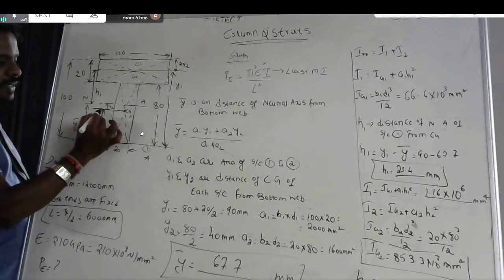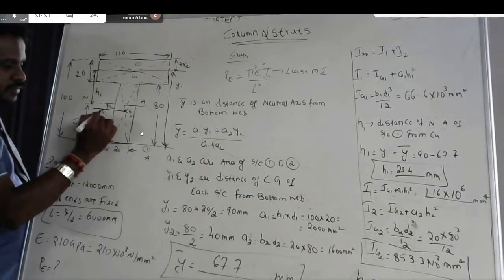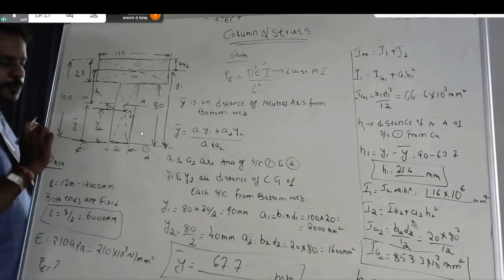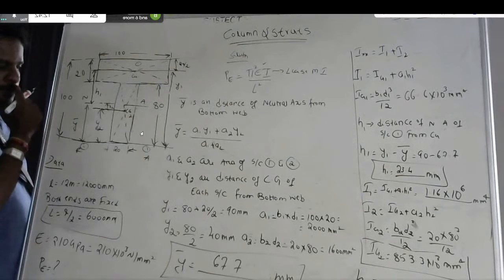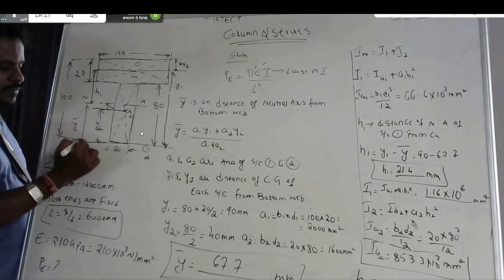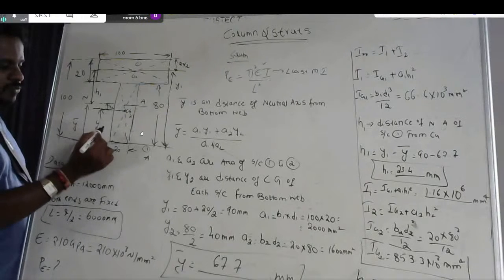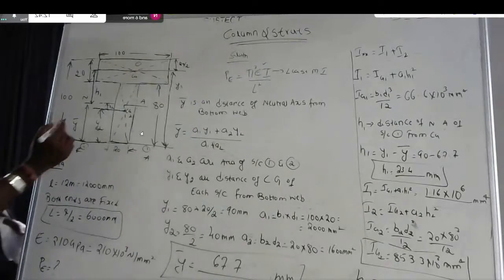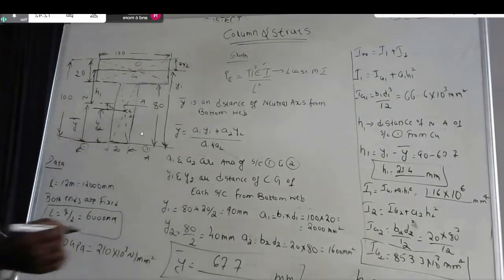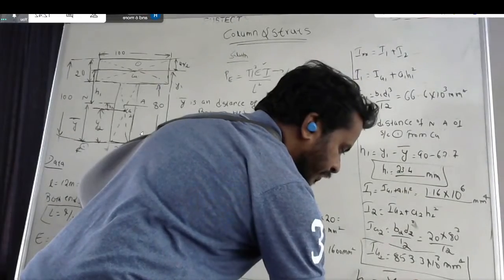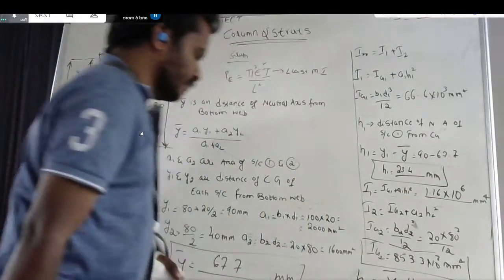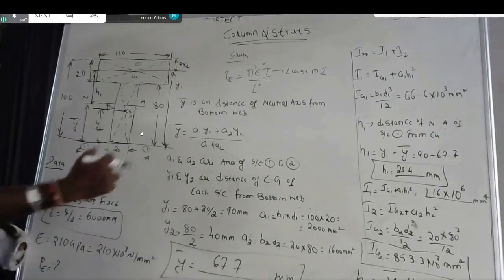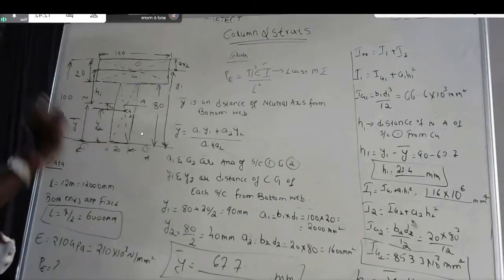From what to what do you have to minus? Y2 minus Y bar, or Y bar minus Y2? Y bar minus Y2. Y bar is 67.7, Y2 is 40 mm. Therefore, 67.7 minus 40 mm will give the H2. Check out how much.